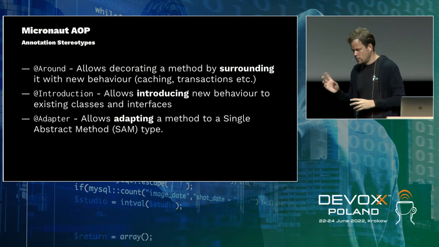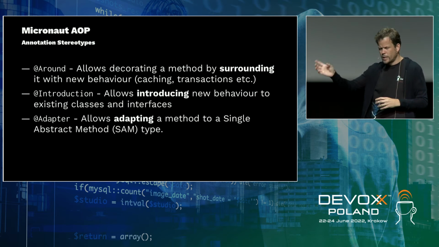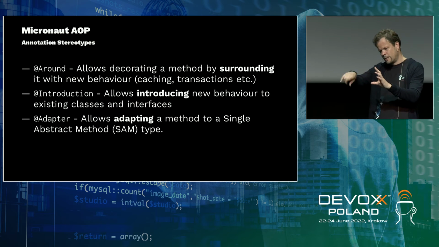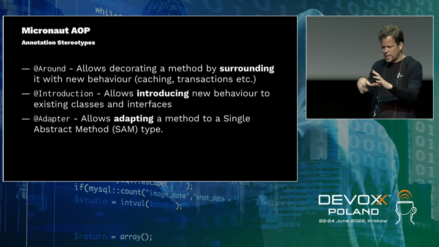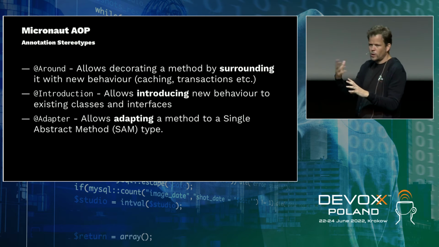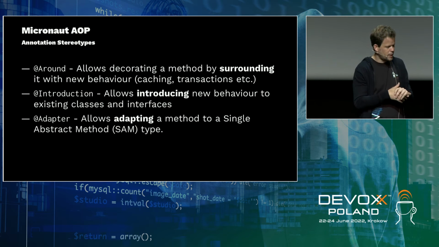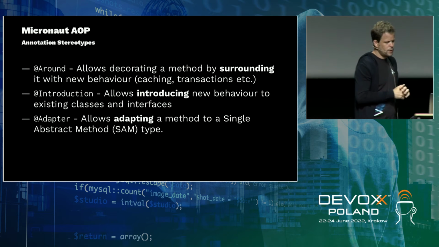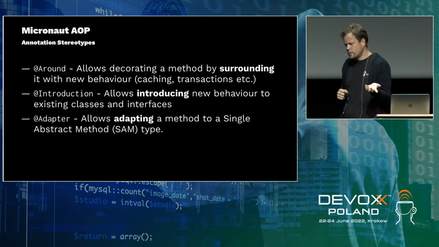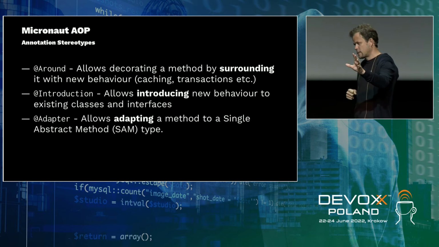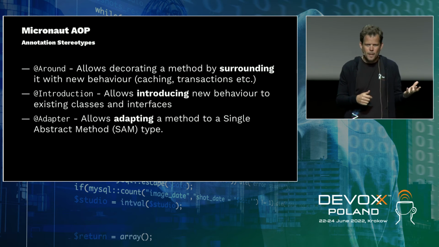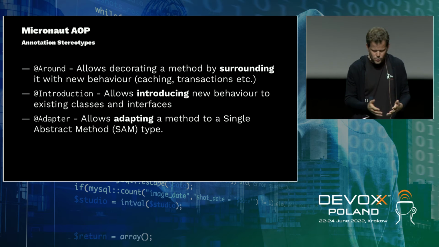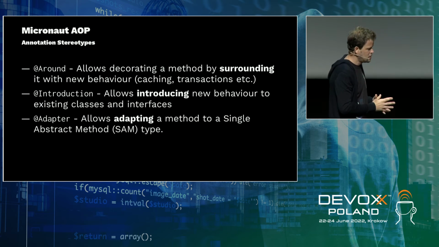Basically we have around advice, where you want to decorate a method call and add behavior around it, like a transaction, or logging, or caching. And then we have another thing called introduction. Introduction is where I have an abstract type, an interface or an abstract class, and I want to introduce behavior into it that implements the abstract functionality.